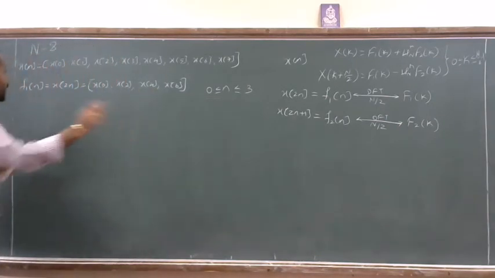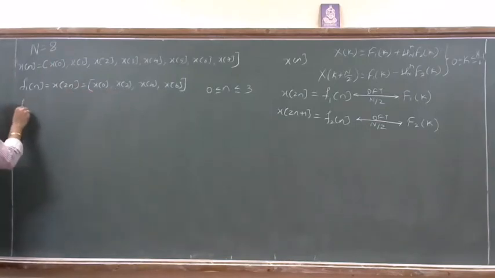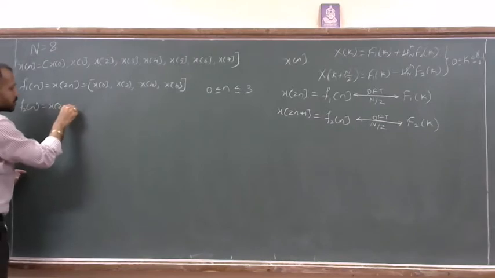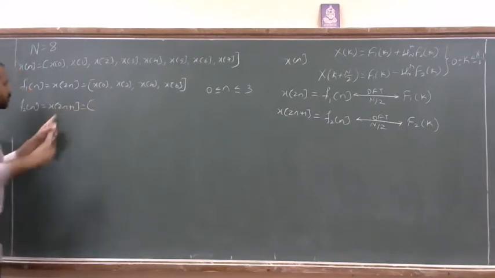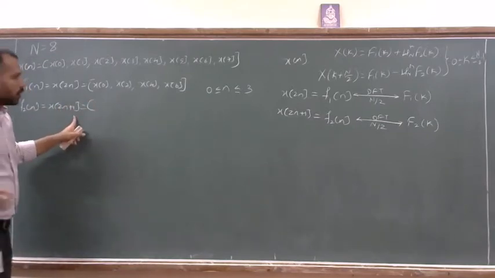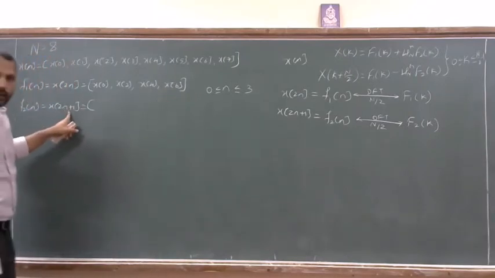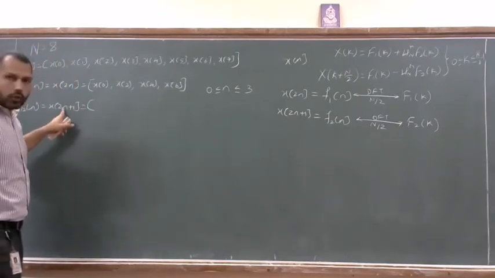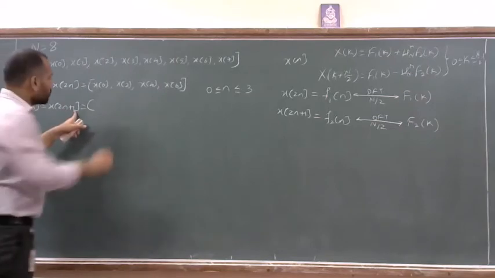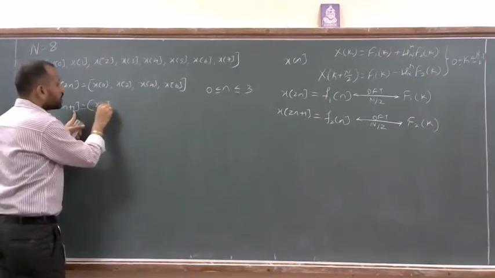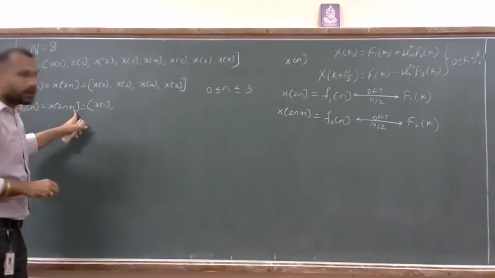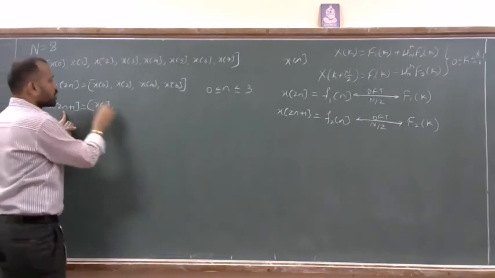Okay. And F2 of n, which will contain only odd numbered samples, is represented by x of 2n plus 1. So again substitute n equals 0 to 3 in this expression. For n equals 0, 2 into 0 will be 0 plus 1. So x of 1 will be the first odd numbered sample. Next, for n equals 1, 2 plus 1, 3.